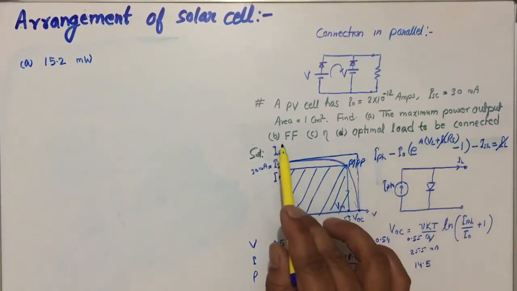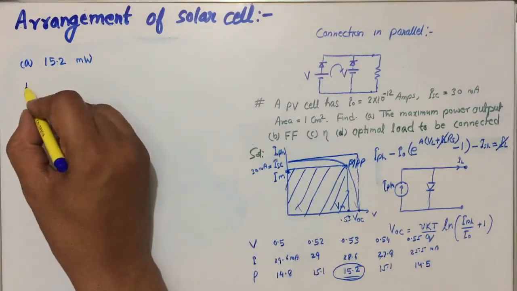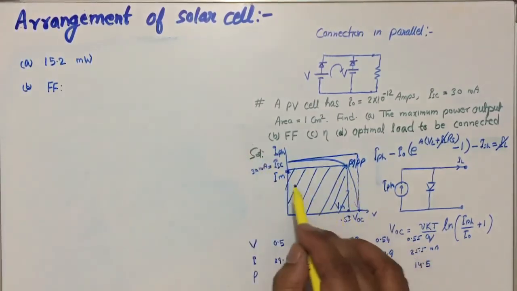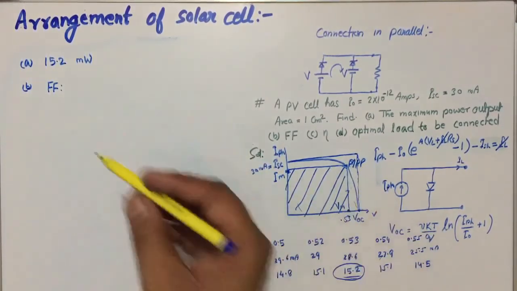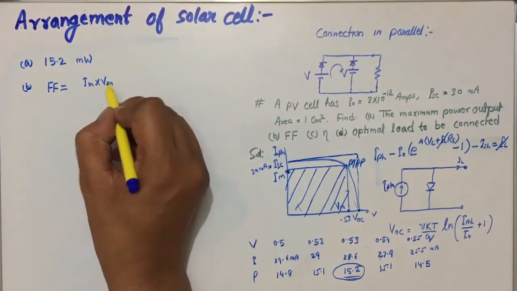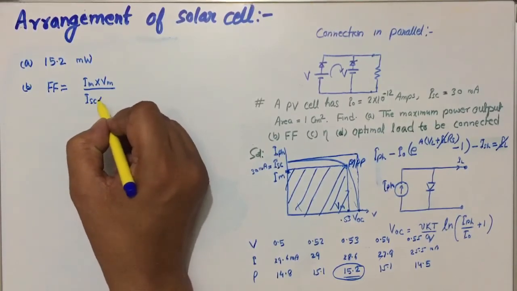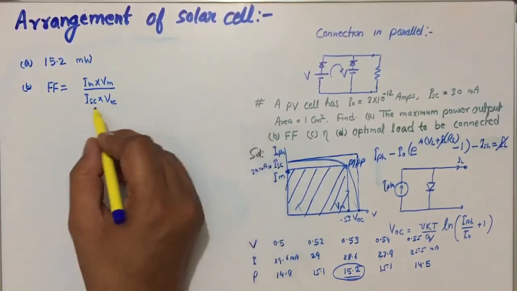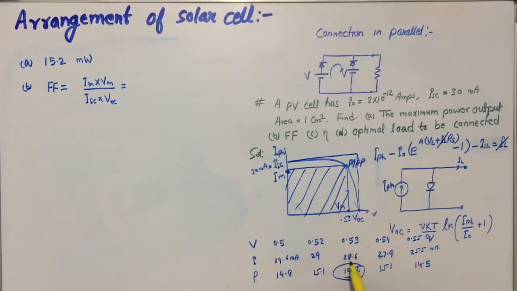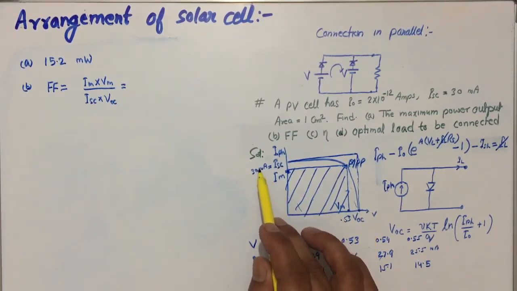And the B part, that is the fill factor. We know the fill factor is the ratio of this area and this area. So you can get it by multiplying IM VM divided by I short V open. From here we have 0.53 and 28.6, and the open circuit voltage we can get at this value of current.